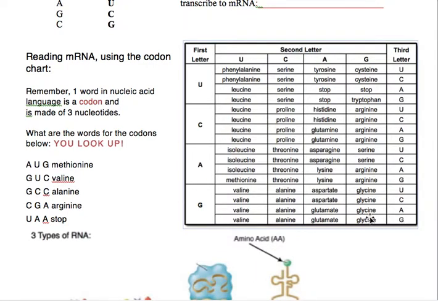This G down here corresponds to the first letter in the codon being a G. This G right here corresponds to the first letter in the codon being an A. And that's what we have, AUG. So AUG, here's our G. I move over and you get the word methionine, which also means start.